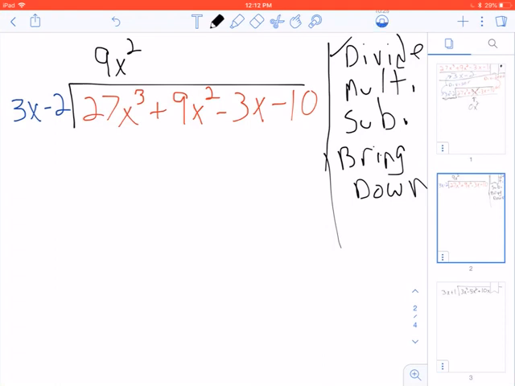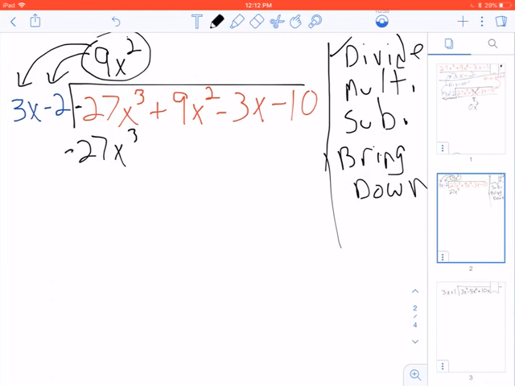The second step is always to multiply through. Once I have done this division, I take the term that I have just come up with, and I'm circling this for you, and I multiply it back through my divisor, just like you would in regular division. So 9x squared times 3x is 27x cubed, and if we did our division correctly, these should always be the same.